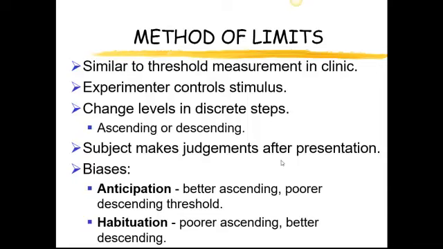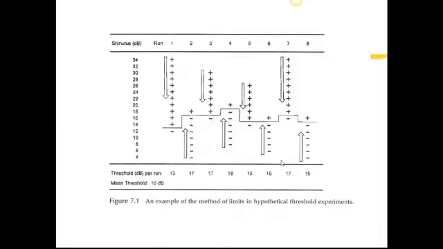So thresholds will be better when you're using the ascending method, so the sounds are getting louder as you go, as opposed to a descending threshold where they're getting softer as you go. Habituation is where they get used to responding one way or the other, and you'll have poorer ascending thresholds and better descending thresholds.